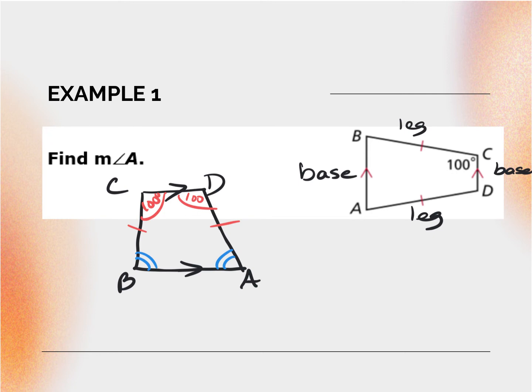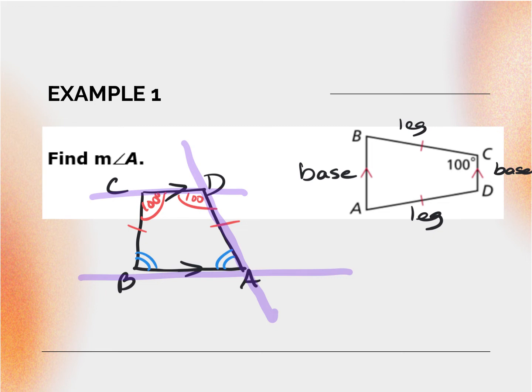Now it wants me to find the measure of angle A. I can go about doing this 2 different ways. I'm going to show you the short way first. Since CD is parallel to AB, I can use AD as a transversal, making angle A and angle D consecutive interior angles, which are supplements.